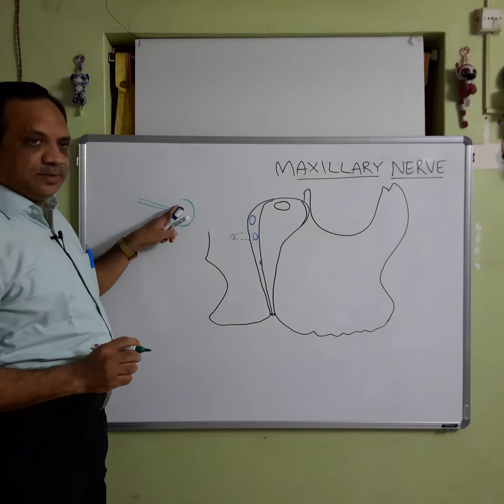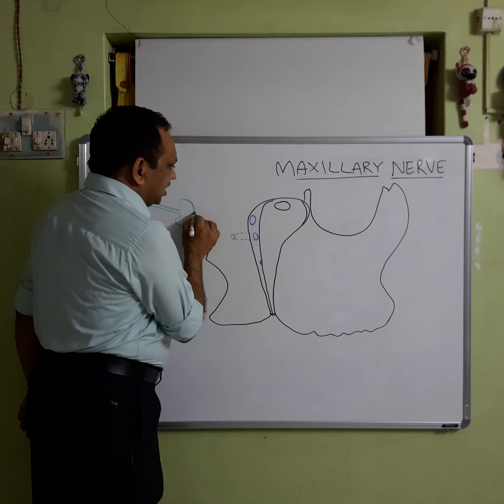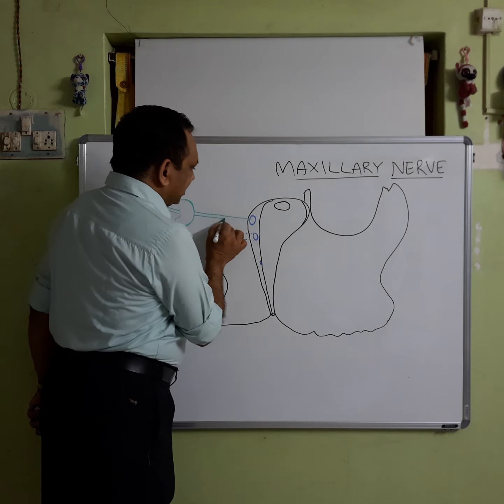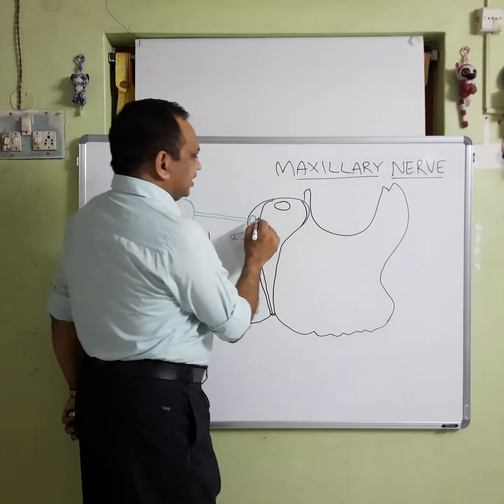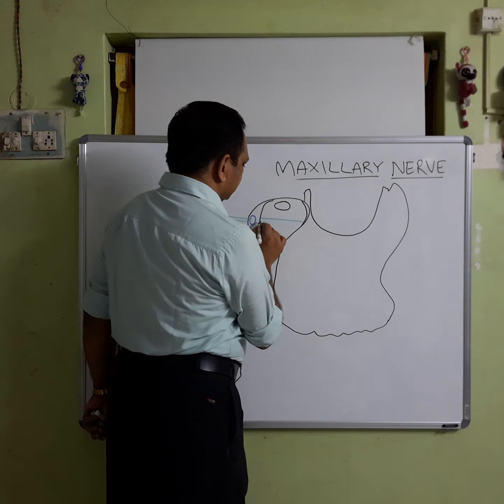So, this is the trigeminal ganglion, and from its anterior border the maxillary nerve leaves the middle cranial fossa through the foramen rotundum and enters the pterygopalatine fossa like this.